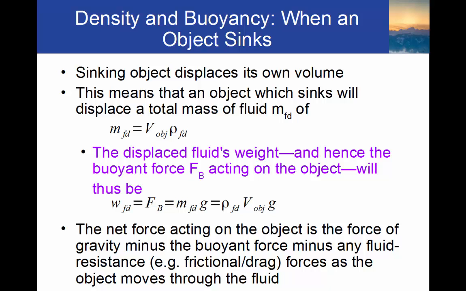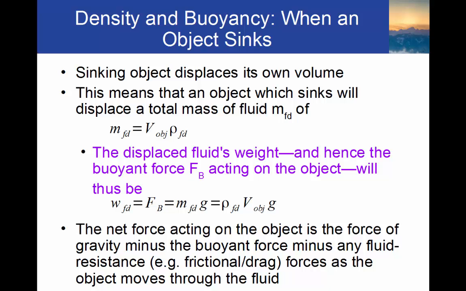And if that weight, which provides the upward buoyant force, is greater than the object's weight, then the buoyant force is going to push the object up to the surface. If the weight is less than the object's weight, if that buoyant force is smaller than the object's weight, then the object's going to sink. There's not enough force to suspend it where it is being held.